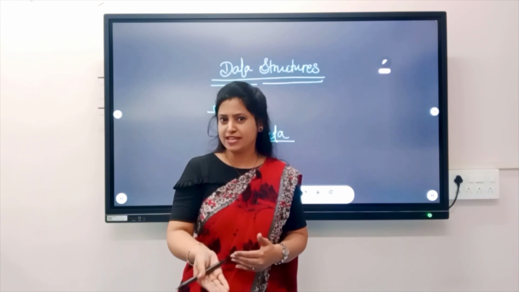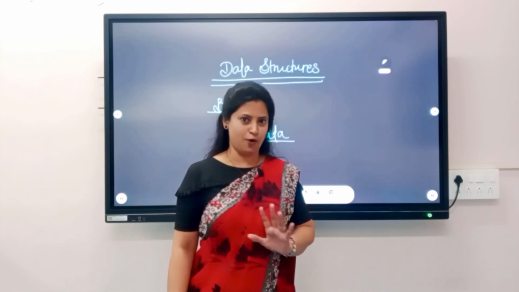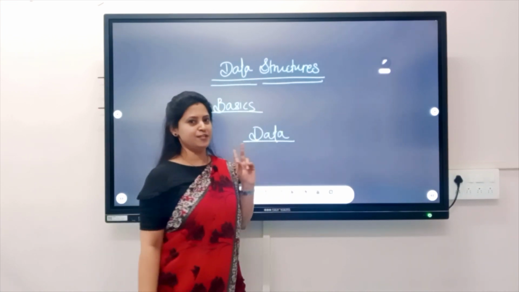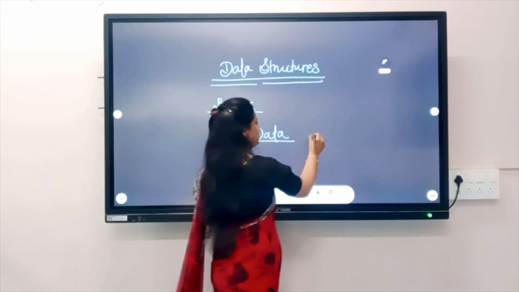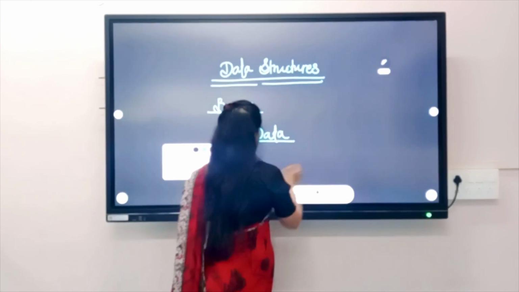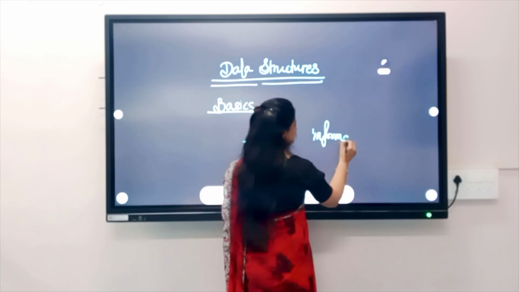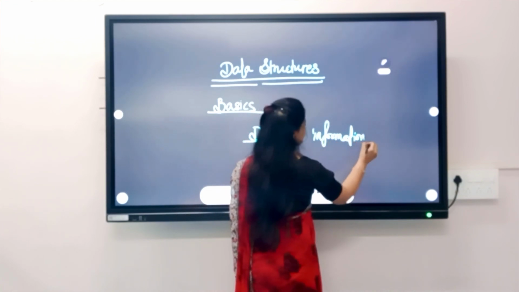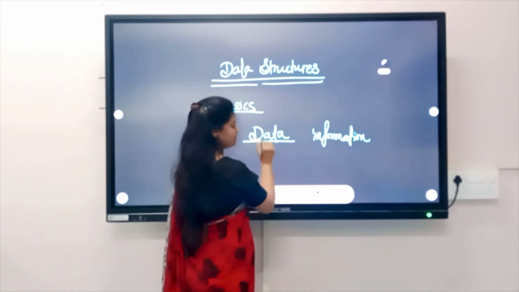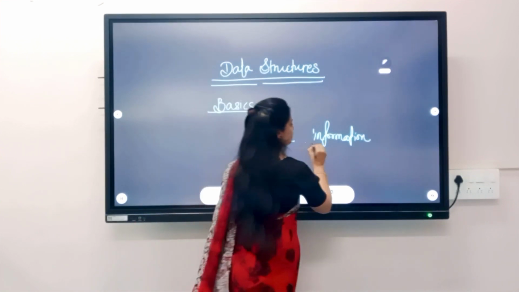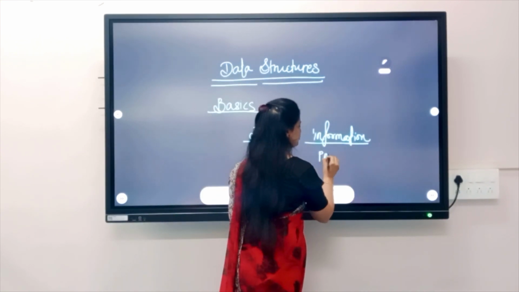If it is processed, then we say it is information. So there is a small difference between data and information. Data is the raw form and information is the processed thing.